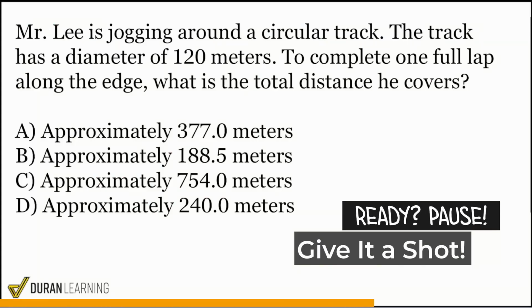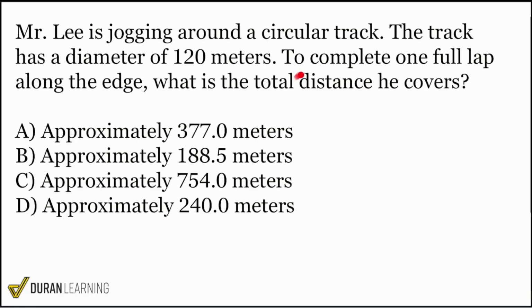So the question here reads specifically, to complete one full lap along the edge, what is the total distance he covers? So my party people, just with that context alone, if we're trying to complete one lap along the edge of anything, if we're trying to go around one of anything, typically we would call that what? I know we're trying to use the word circumference, which you are correct.